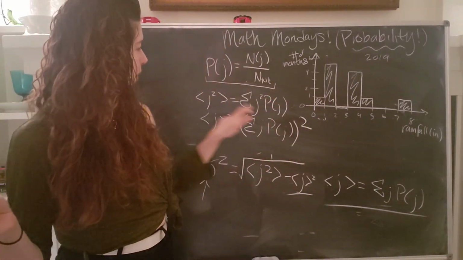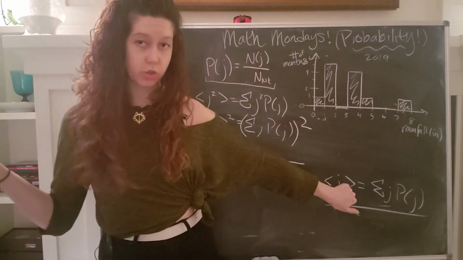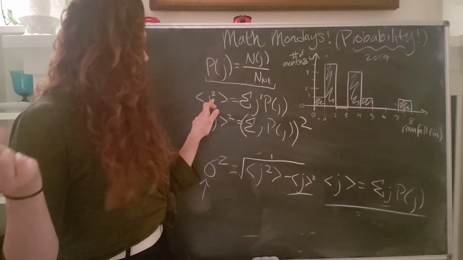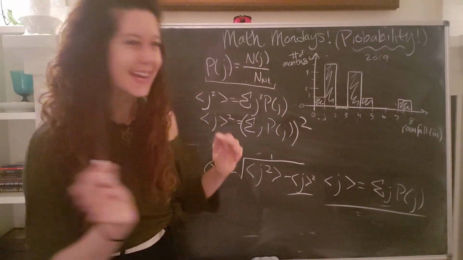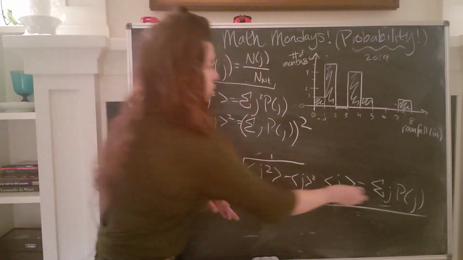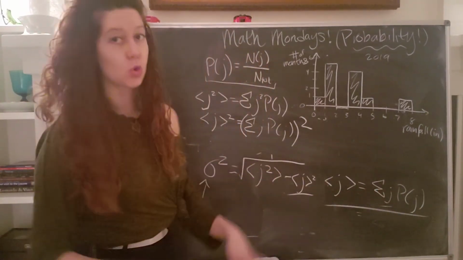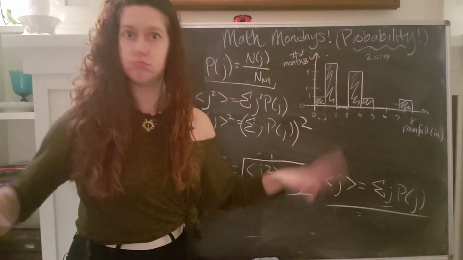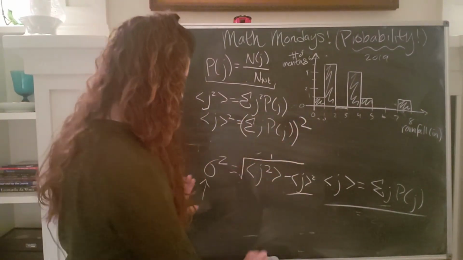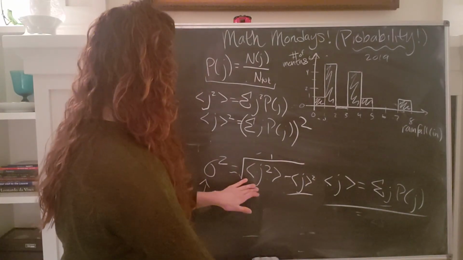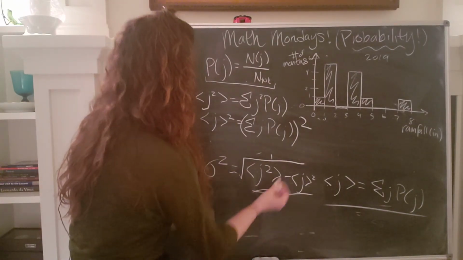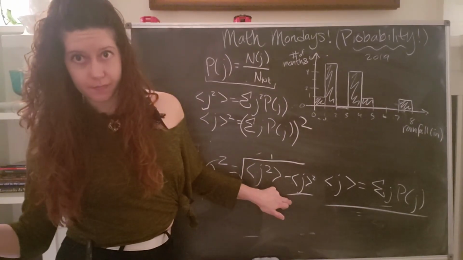So in this case, you square j and plug it into this equation to find the average of the squares, because it's in the little wings, yay! And in this case, you just do this standard equation and then you square the result after. Okay, cool. So, in general, this quantity is going to be larger than this one.